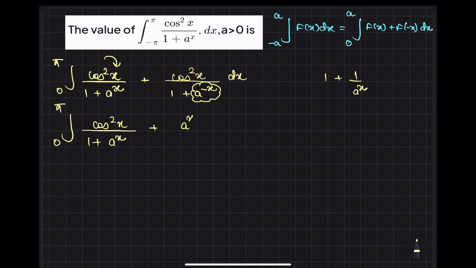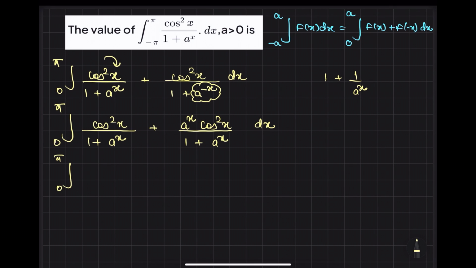You will have a power x on the numerator, cos square x, and on the denominator we will be having 1 plus a power x. I hope you got this idea. Now if you observe, the denominator is the same.